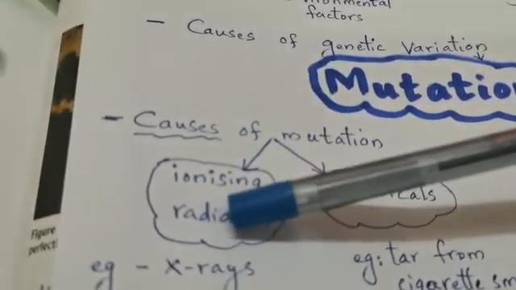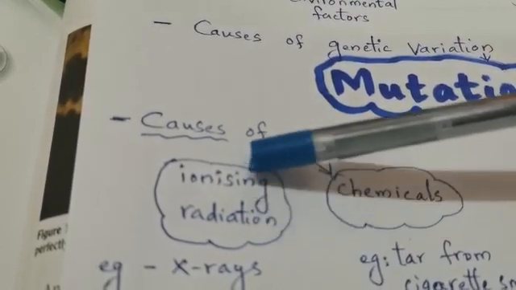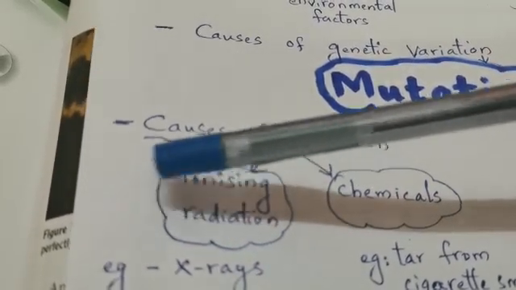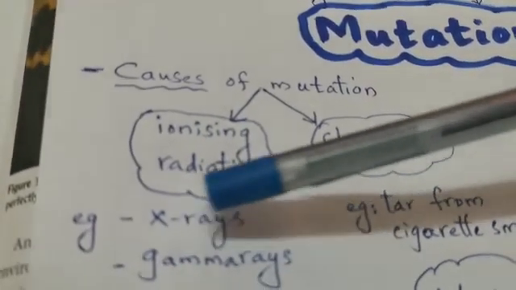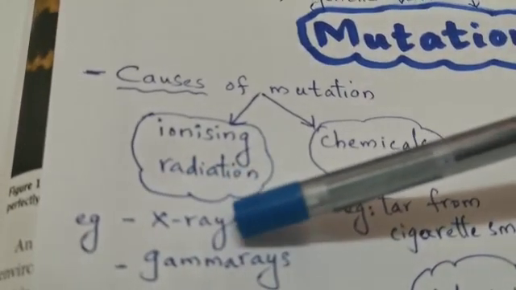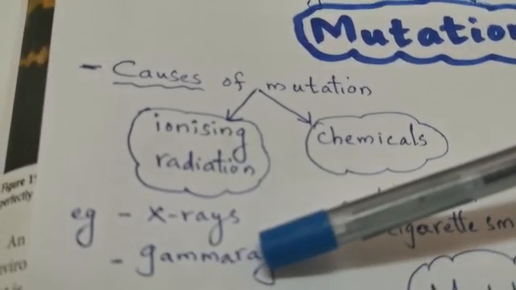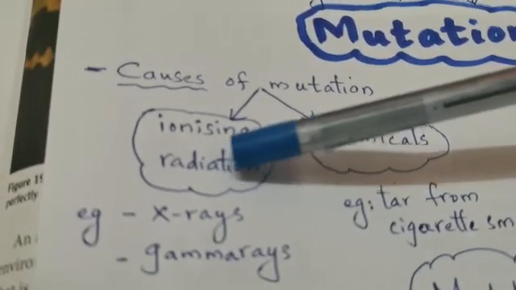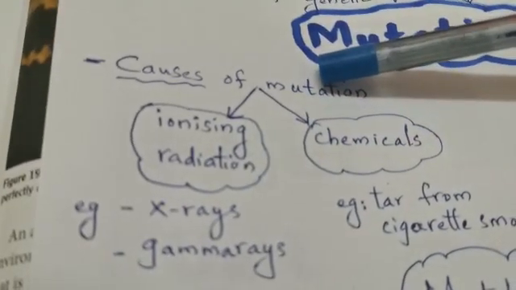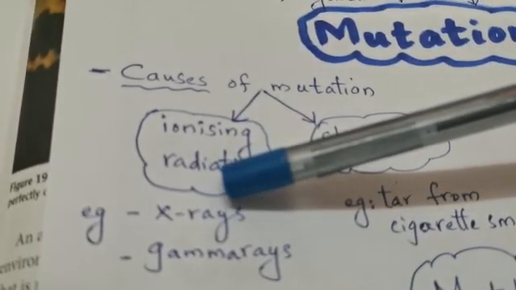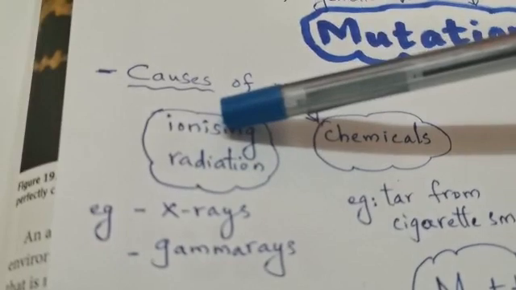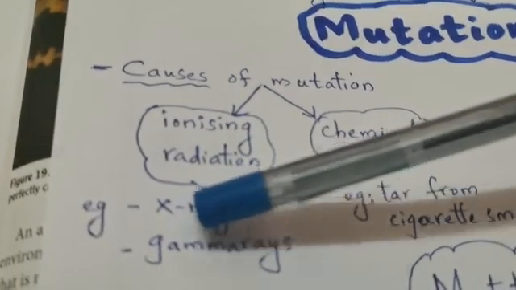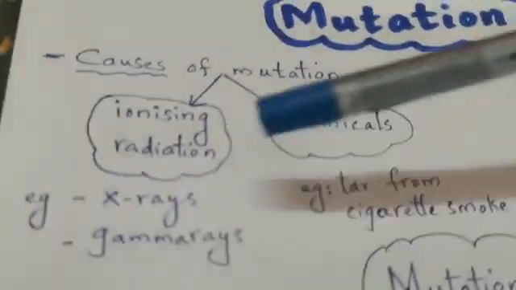From the word radiation itself, you know that it means exposing to some radiation. Sometimes if we are ill, we take x-rays, right? Such x-rays, gamma rays, such radiation can cause mutation. That's called ionizing radiation. So mutation can happen because of ionizing radiation such as x-rays and gamma rays.